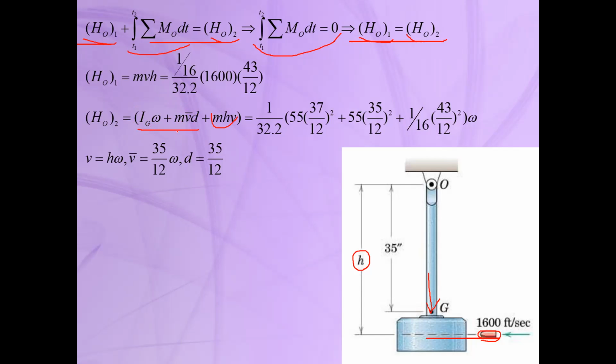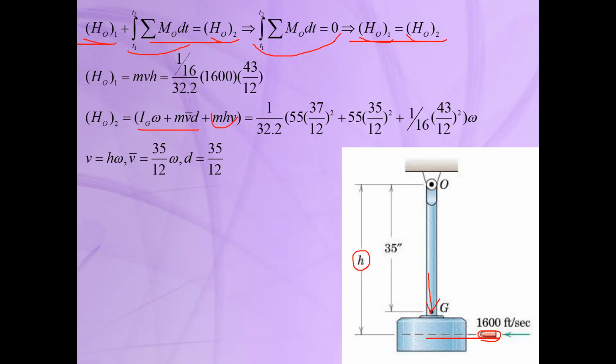So we can substitute into this equation to find the angular momentum of the compound pendulum. And mhv is the mass of the bullet times h, which is the distance between the bullet and point O, and v is the velocity of the bullet after the impact.